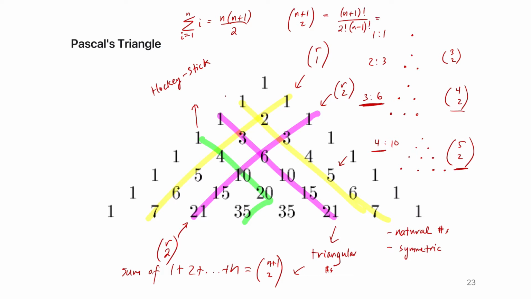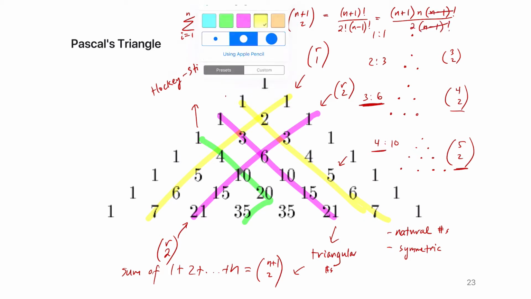You can work out the arithmetic, because you can write the numerator as n plus 1 times n times n minus 1 factorial by the recursive definition of the factorial. On the denominator, you have 2 factorial, which is just 2, and n minus 1 factorial, and those cancel. And you're left with the exact same thing that we derived before.